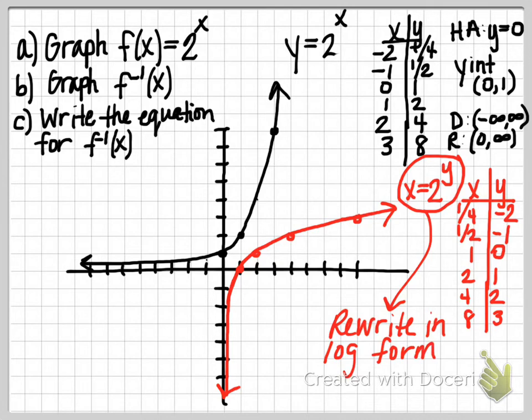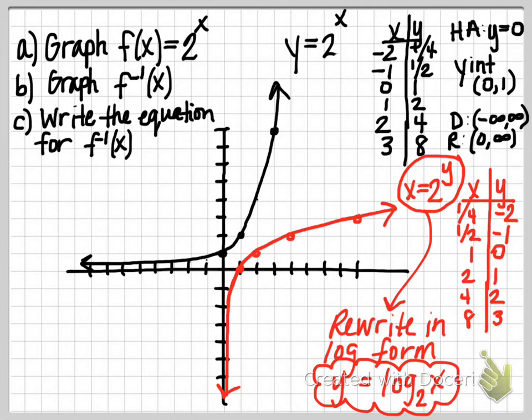Notice the base is 2, so that's going to be log base 2 of x is equal to y. And this is the curve that you just graphed. You just graphed y equals log base 2 of x. That's my red curve. And that's going to be the equation for the inverse.